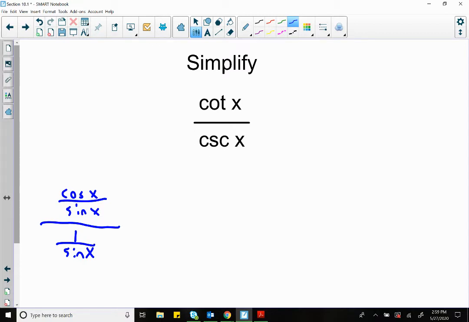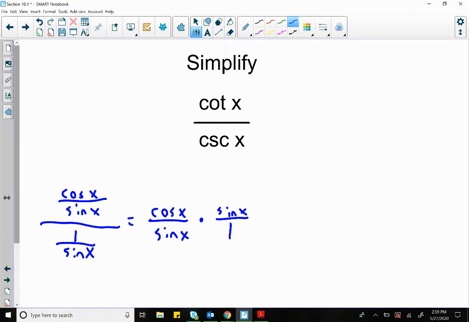Now, we have discussed this before. We don't divide fractions, but we multiply them by reciprocals. So keep the numerator fraction. Division becomes a multiplication. And flip the bottom fraction.